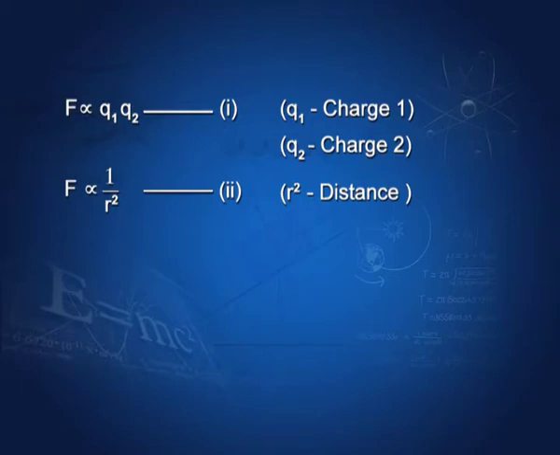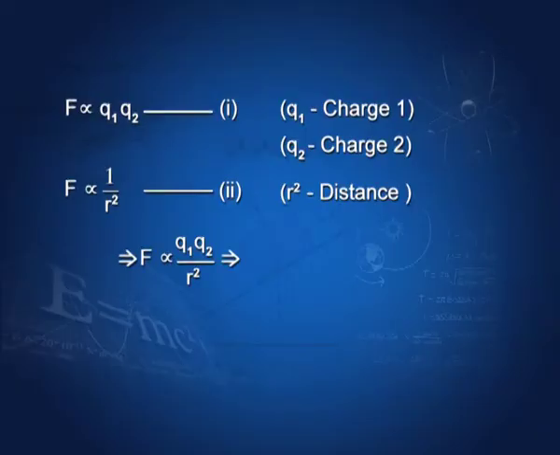Now with the help of equation 1 and equation 2, what I get is that F is proportional to q1 q2 by r square. In order to remove this proportionality, I have to insert a constant, and Coulomb found that it was equal to 1 by 4 pi epsilon naught.